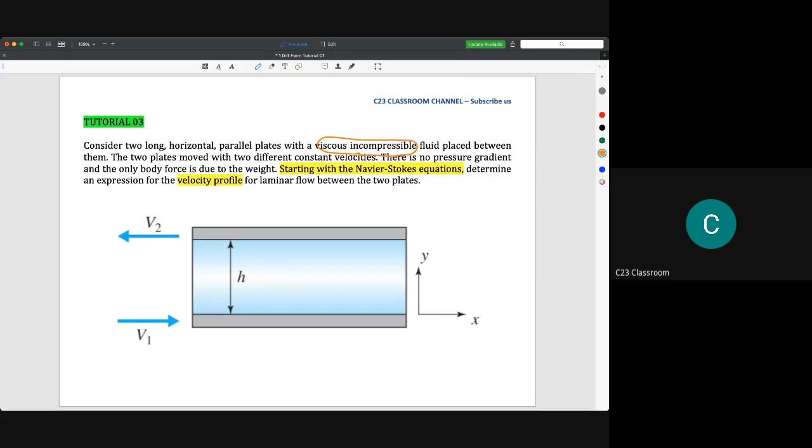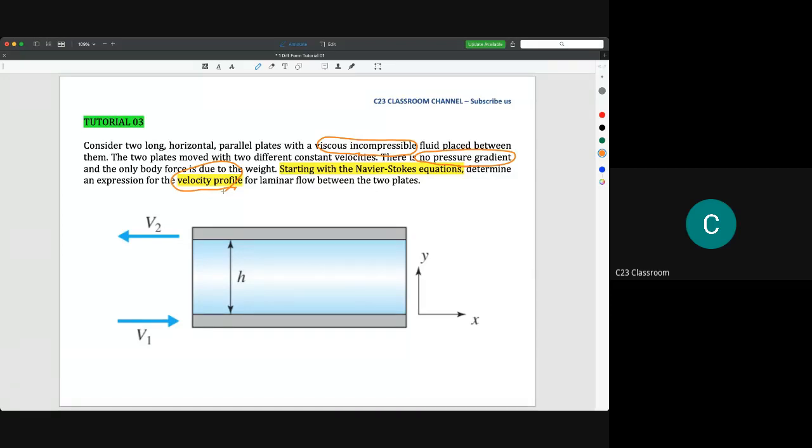The two plates move with two different constant velocities. There is no pressure gradient. Okay, there is no pressure gradient. And the only body force is due to the weight. Okay, starting with the Navier-Stokes equation, determine an expression for the velocity profile for laminar flow between the two plates.